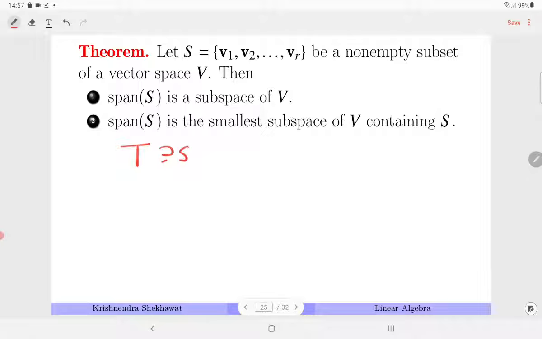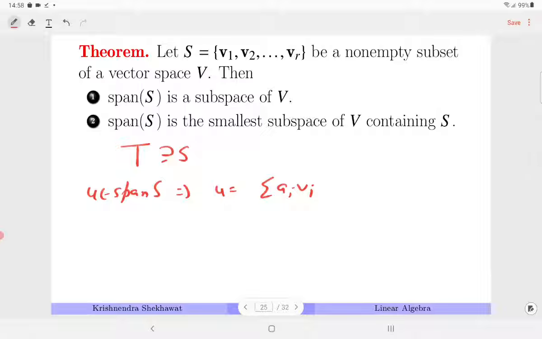I should start with any u belonging to span S and I have to prove that u belongs to T. So u belongs to span S means u can be expressed as a linear combination of vectors of S, so the summation of ai vi.